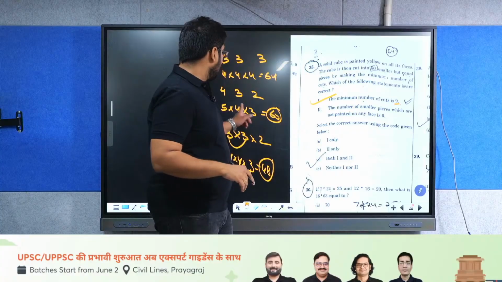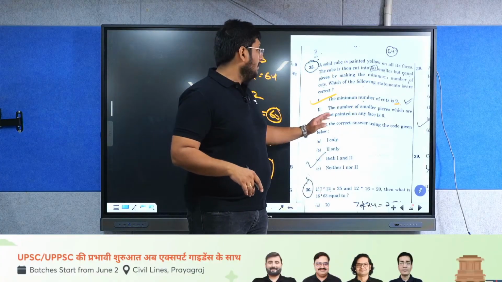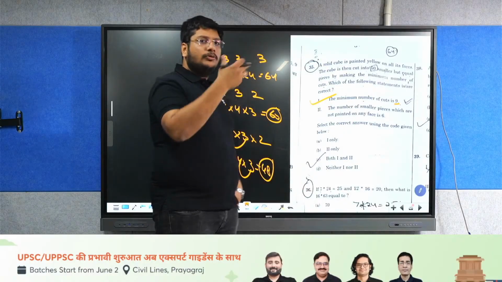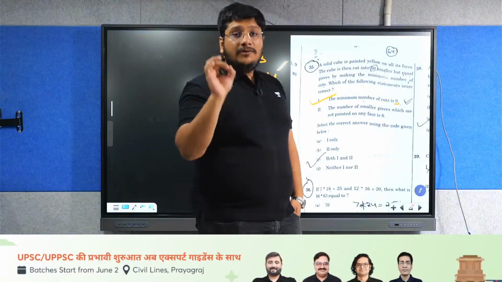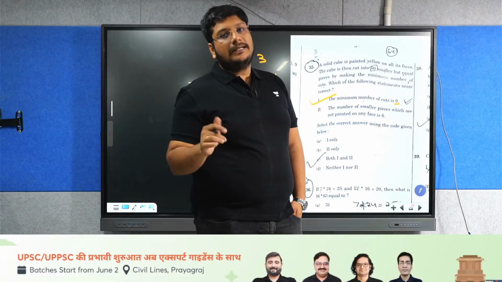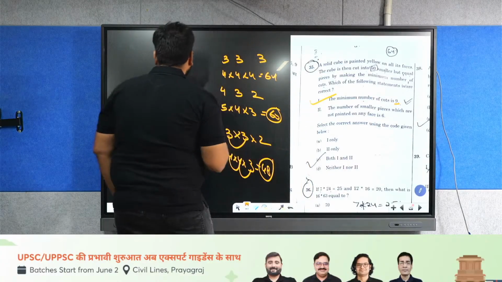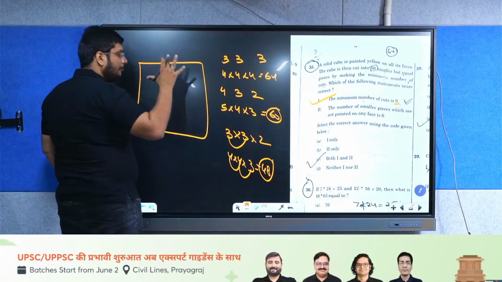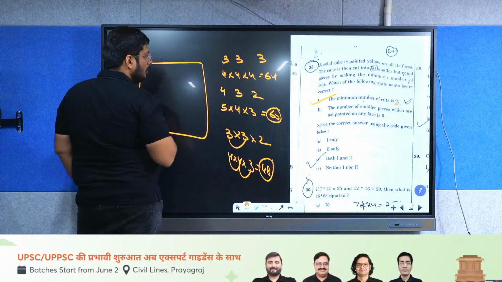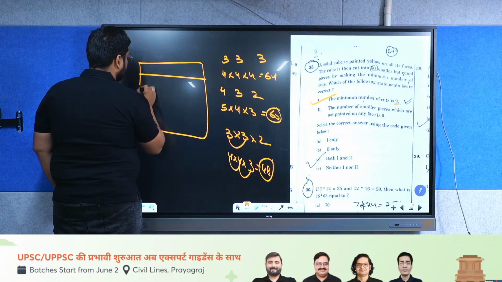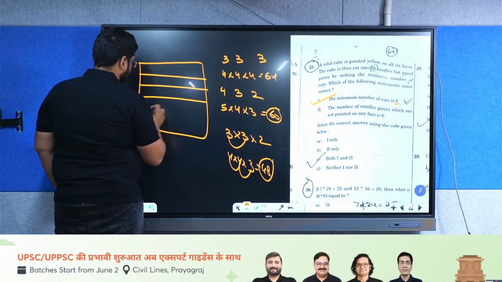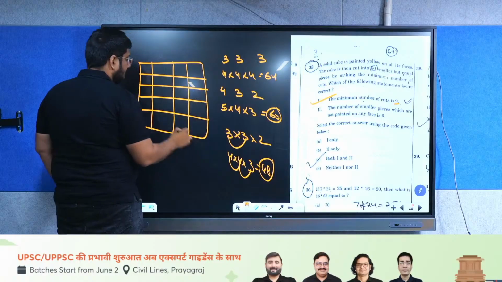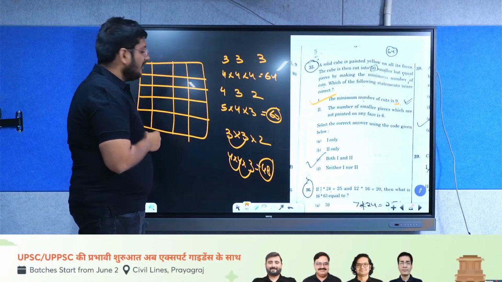Now, if I have the cube of the form 5 into 4 into 3, the number of smaller pieces which are not painted on any face. See, you don't know any formula, you don't know anything. If you have just your presence of mind, then also you can do it. How? Let's see. This is the top view of the cube which has 5 by 4 cubes.